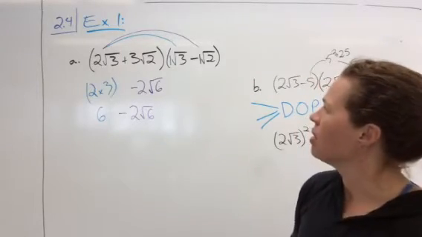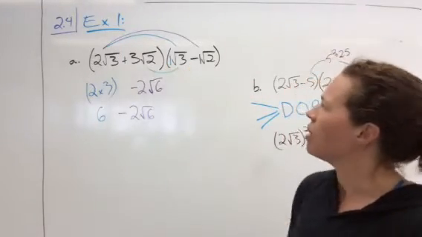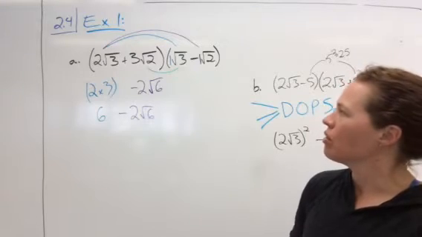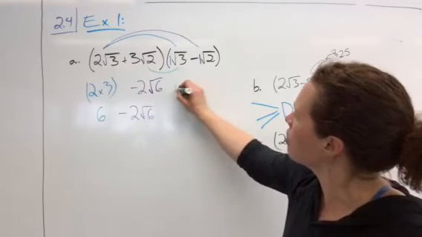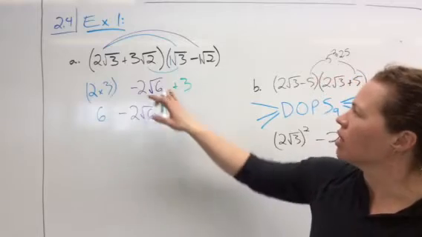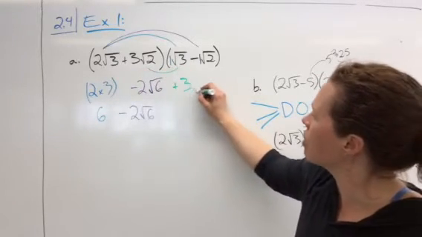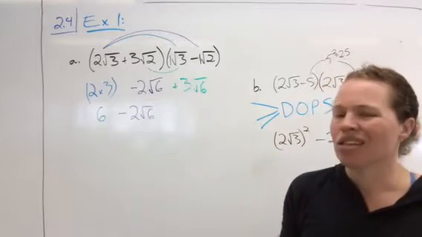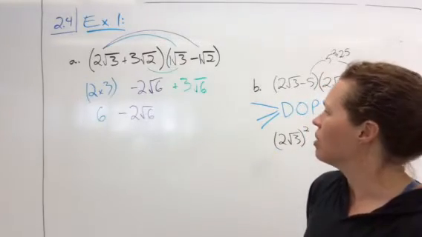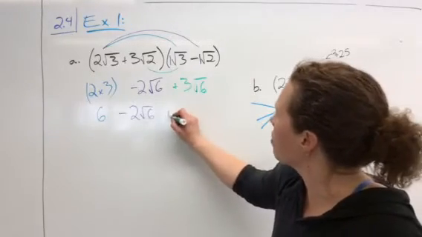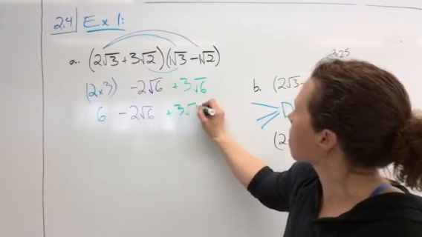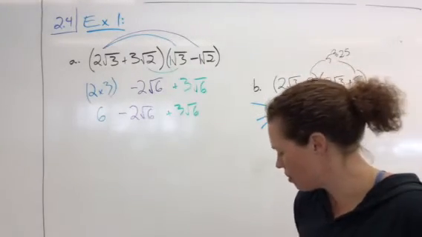Now for the inside, I've got 3 root 2 times 1 root 3. So 3 times 1 is just going to give me positive 3. And again, I've got the root 2 here times root 3 here, so that I end up with a root 6. Nothing to simplify there yet. So I can just drop that one down. Whoops, kind of starting to run out of room.